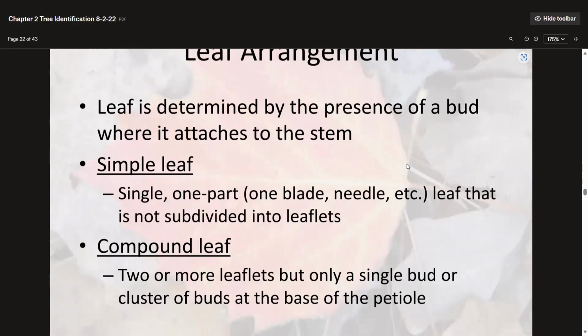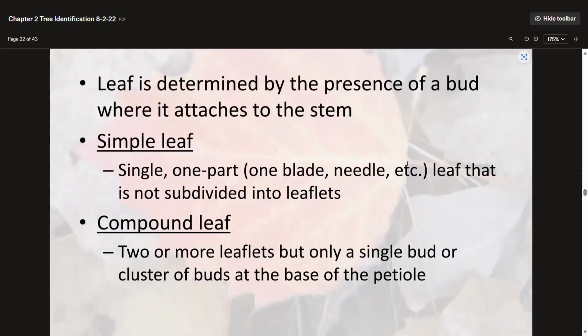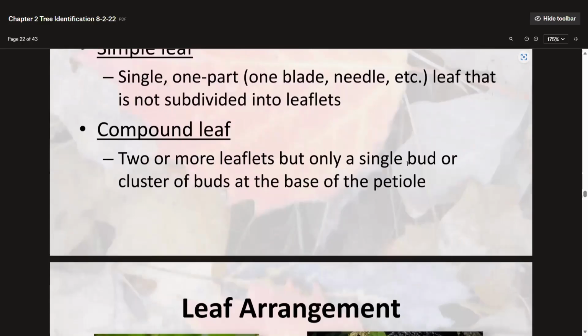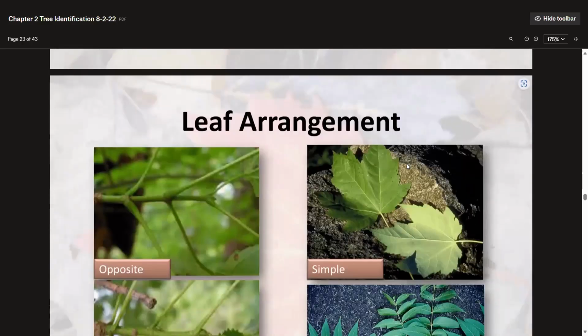And if you're not familiar with leaf structure, like what is a petiole, we'll get into that in a minute, but you really need to look at this because some of those questions may pop up on the test as to what are the parts of the leaf. Okay, that's why it's in this chapter. They're kind of important for figuring out what tree you're dealing with.